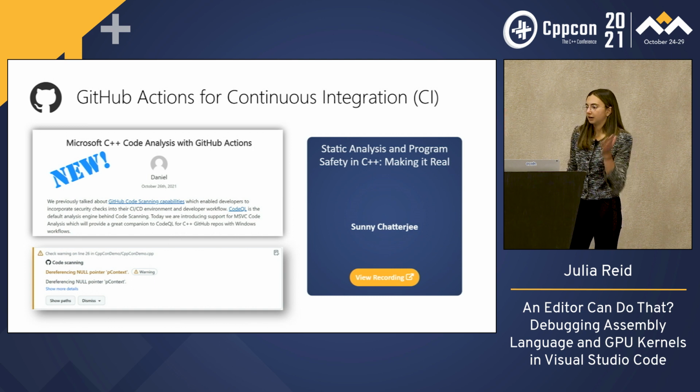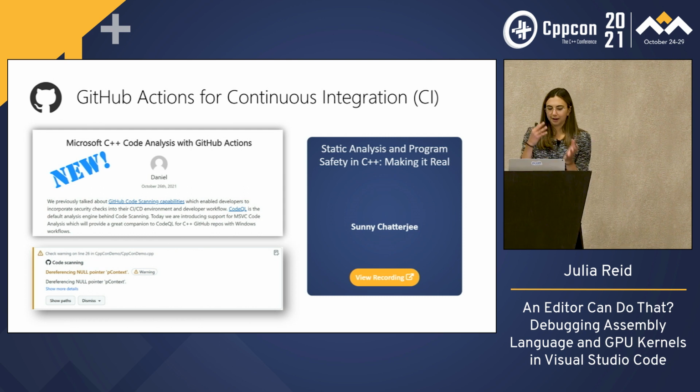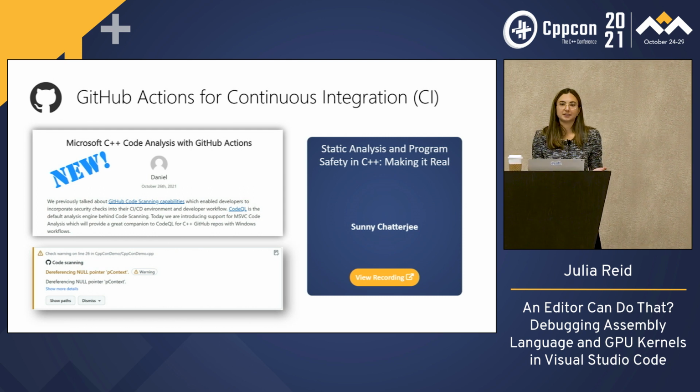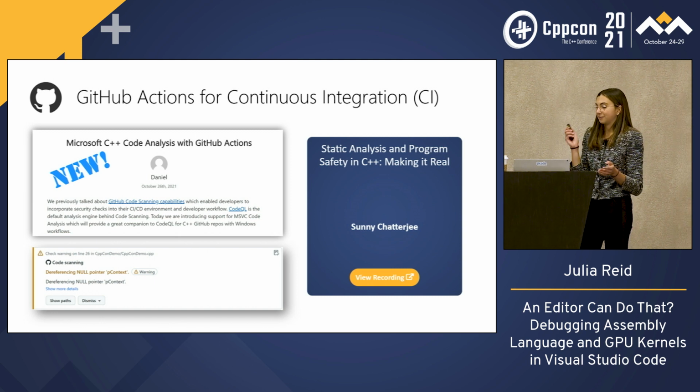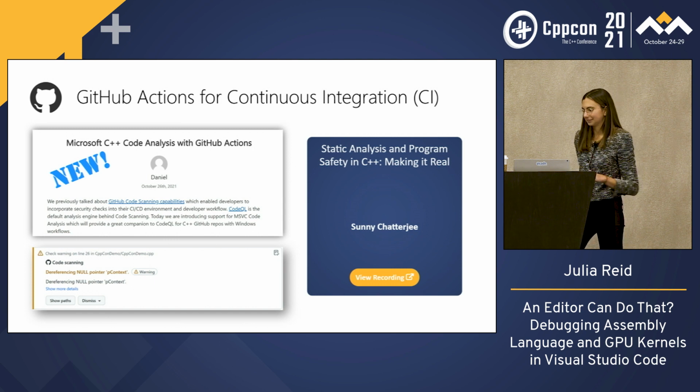But you can also see all of the code scanning alerts for the entire repository, not just what's been changed in your PR, as long as you're a branch owner. If you're interested in this, definitely check out Sunny's talk. The recording's online. He does a great job going into detail about it.